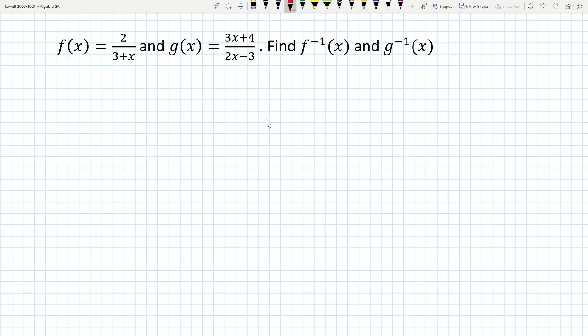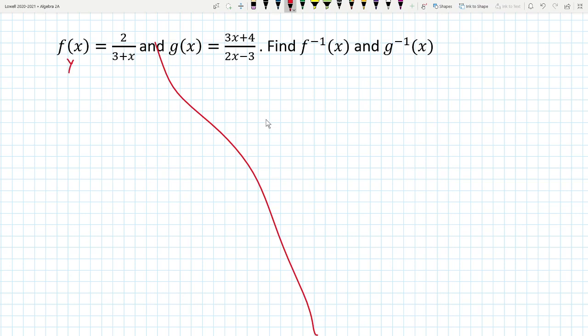Okay, so we're going to start off with f of x. So let's just put that over here for now. Okay, so think about what we did before. All we need to do is just change x and y algebraically. Sorry, I kind of froze there.